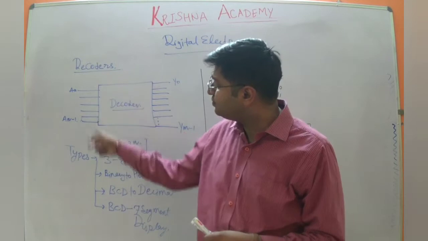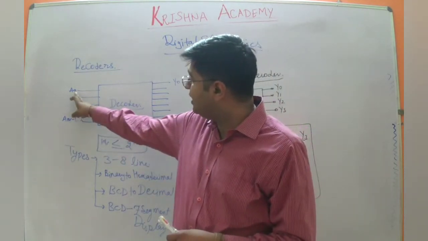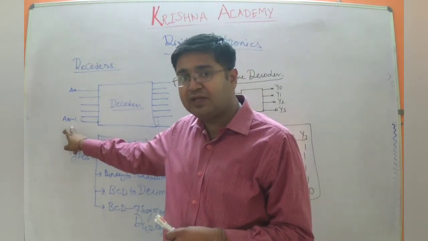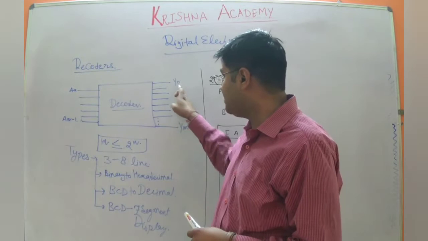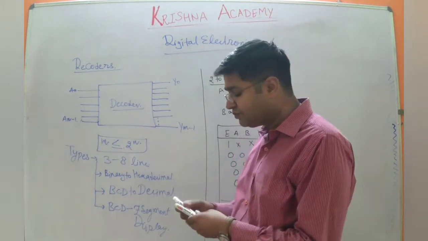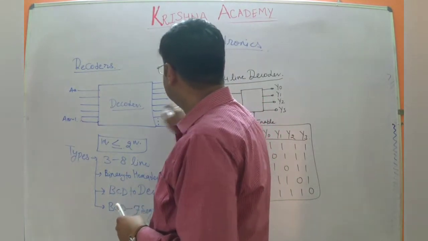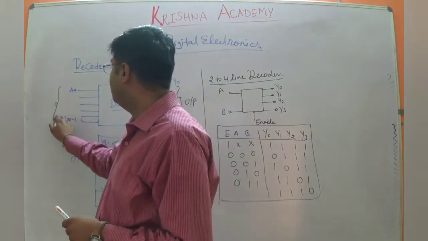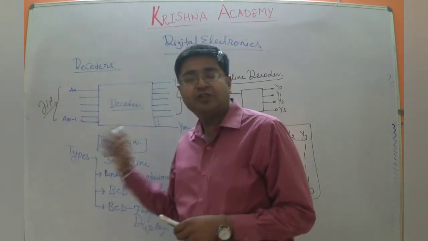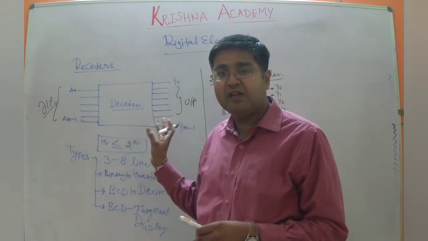As you can see, there are a number of inputs. Here A0 to An-1 are the inputs available to us. At the same time, Y0 to Ym-1 are the outputs available to us. Now these outputs can be a particular display where we are displaying the information.